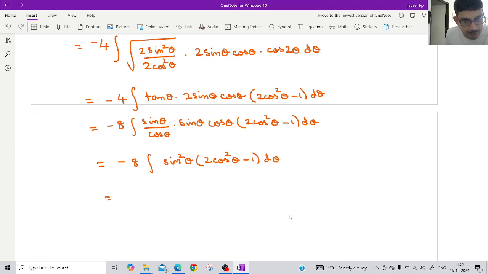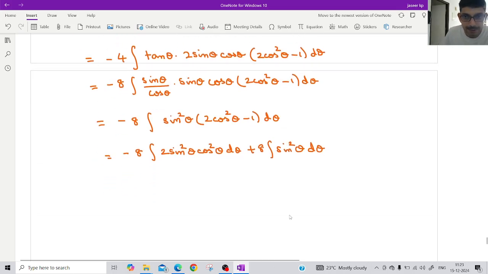So that is minus 8 times the integral of 2 sin square theta cos square theta d theta, plus 8 into the integral of sin square theta d theta. So now sin 2 theta is 2 sin theta cos theta.